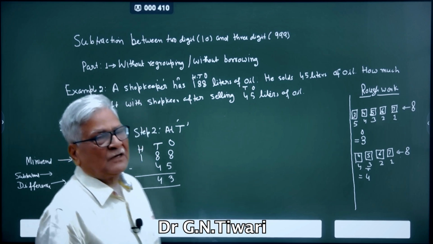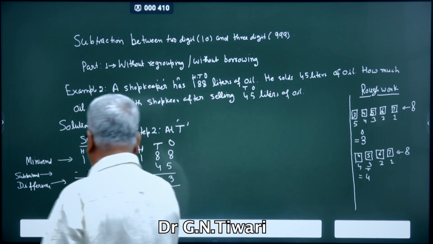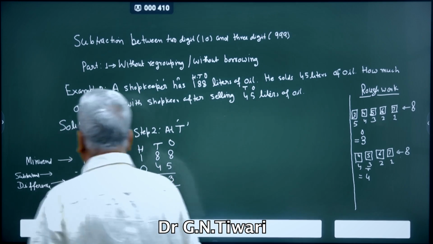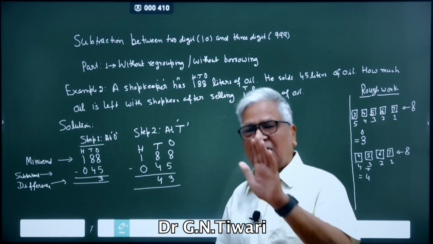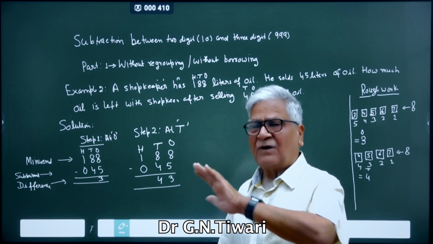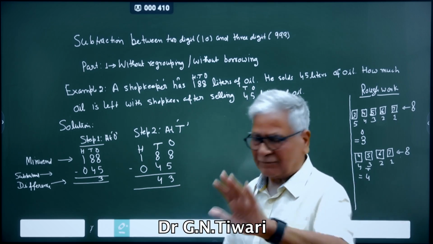And to make the students clear, you can also write 0 to the left of 45. If you write 0 to the left of the 45, the number will remain the same, 45. For any number, if you put 0 many times, the result is the same number.